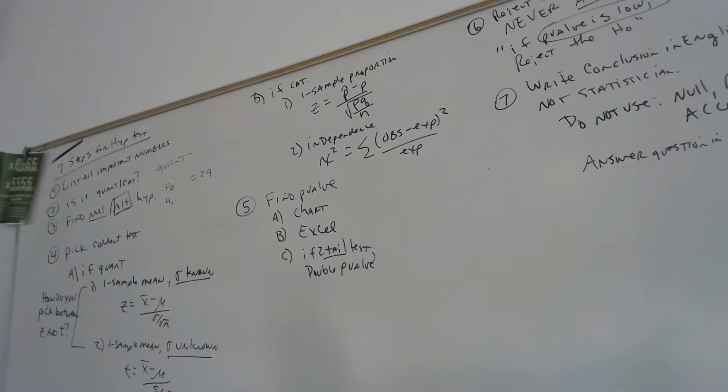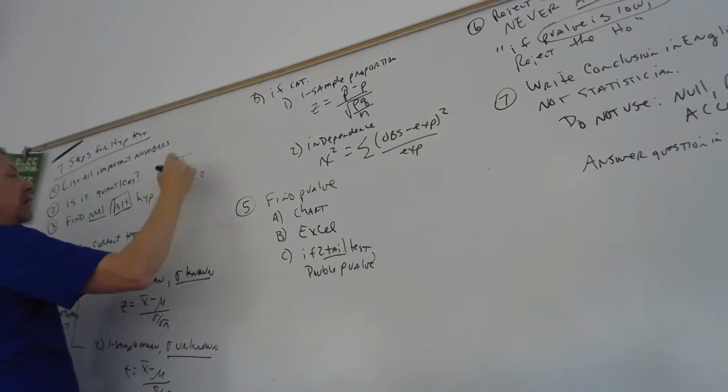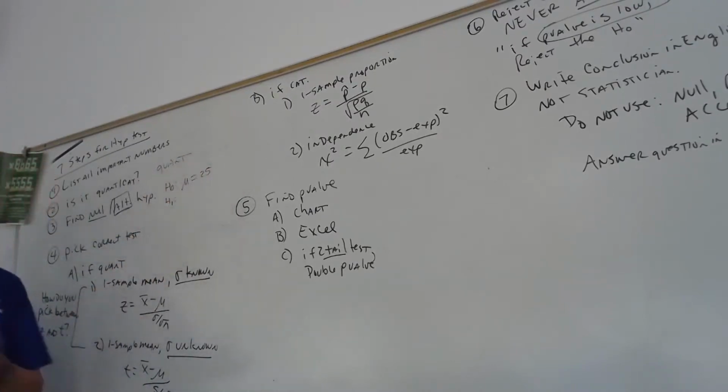Abby, what do you think it should be? Mu equals 25. Why did you say mu equals 25? Because it's given. The 29 is given too, right?